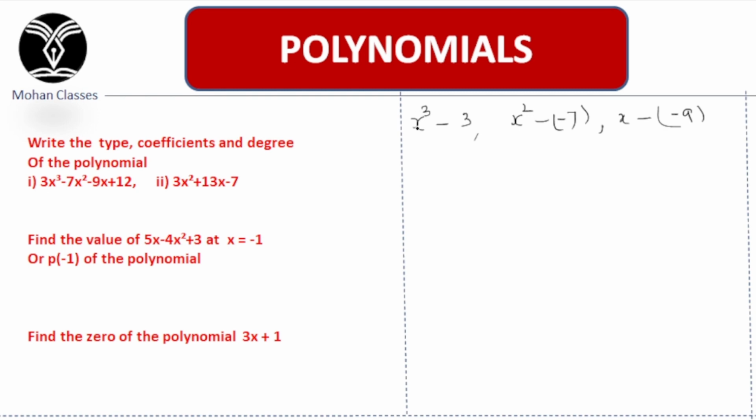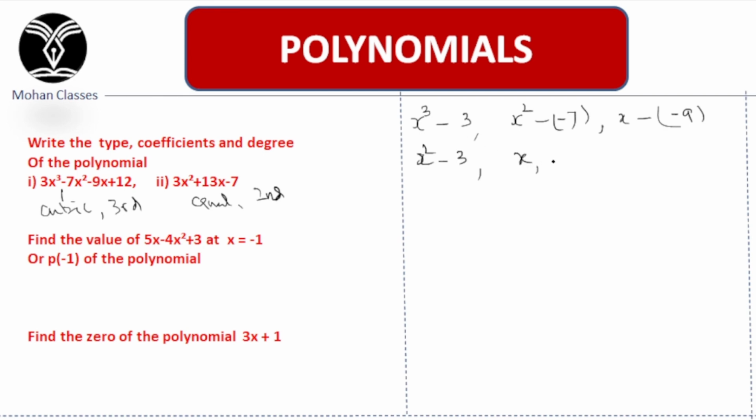What is the type? Here the power of the equation is what? What is the type of this? It is cubic. Cubic or third degree polynomial, right? This one is quadratic or second degree polynomial, right? 3x squared plus 13x minus 7. The coefficient of x squared is 3.